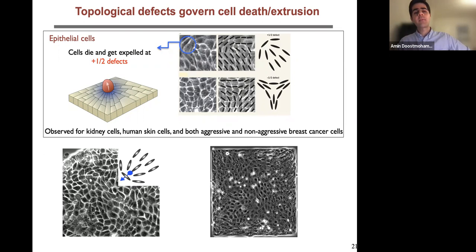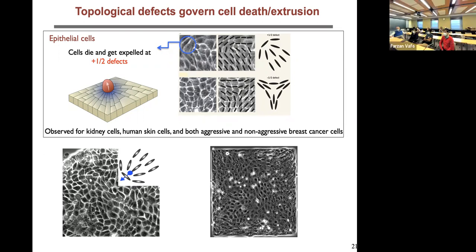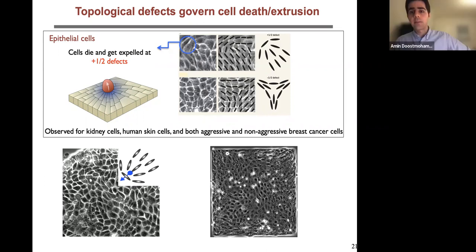We are working on some results now that look like the substrate the cells are on can affect this. If you go to soft substrates, then it seems you would also see extrusion at -half defects, which we don't have an explanation for now. And you always find a few extrusion events away from the defect? Yes, there will be some also away from the defects. But the overwhelming majority, about 70%, are happening at these +half defects.